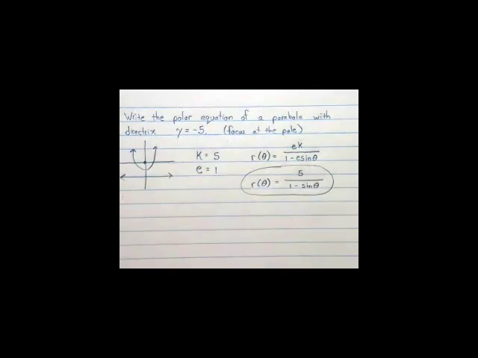All right. So like I said, let's take a look. Let's go on our calculators, put them back into polar mode, and let's graph this thing. Everything's in radians with these.